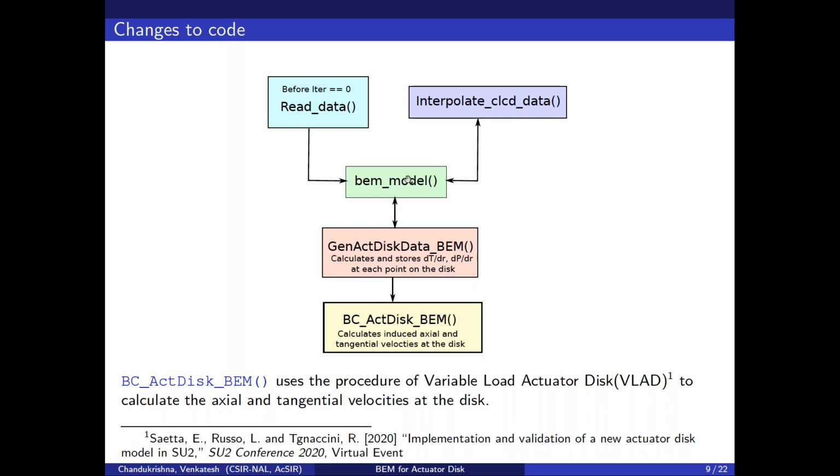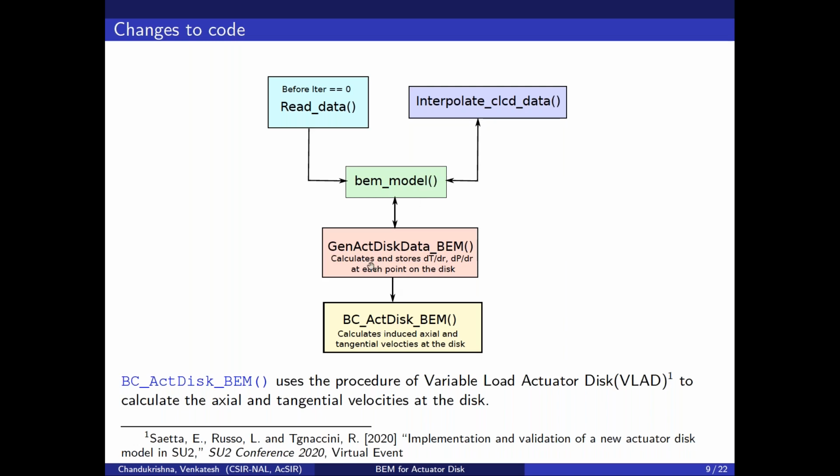The BM model takes the local flow solution as an input and calculates the elemental thrust and torque at that point, and it returns the value to the gen AcDis BM. The BM model uses the interpolate CLCD data routine to get the CLCD at intermediate alphas from the given input data.